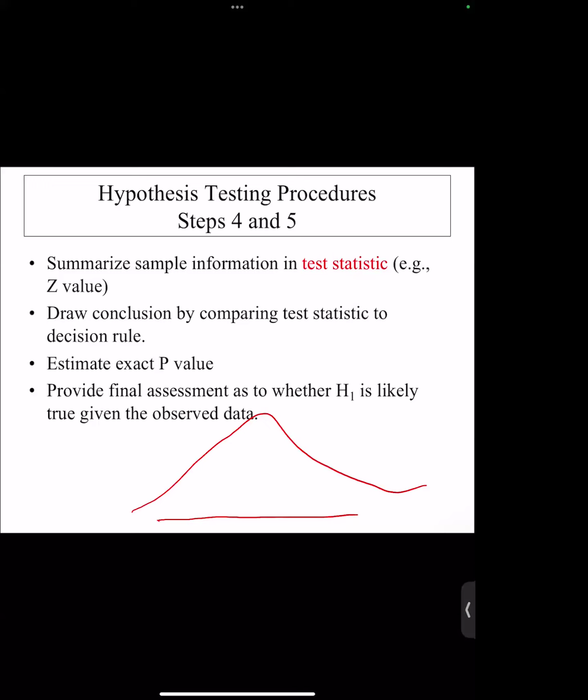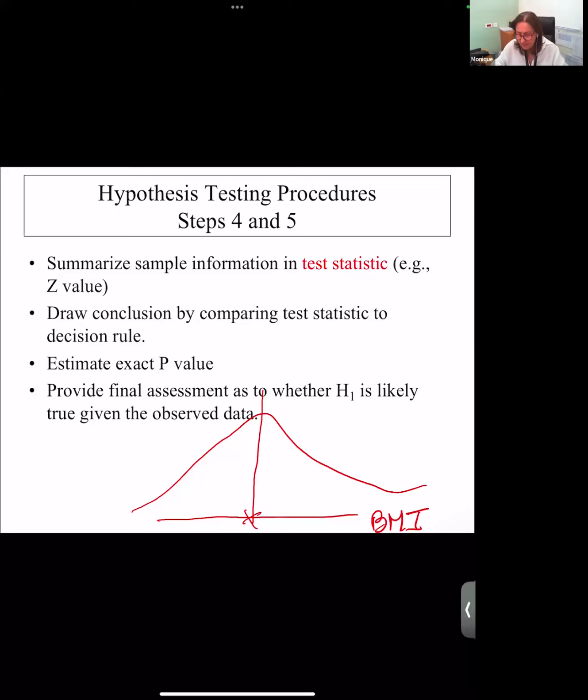Okay. So this is the distribution of the body mass index, BMI. I take a random sample of 100. I expect that the body mass index is normal. What's the mean of this body mass index if H0 is true?